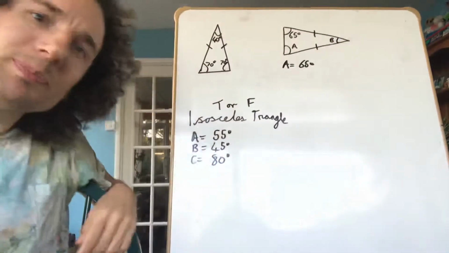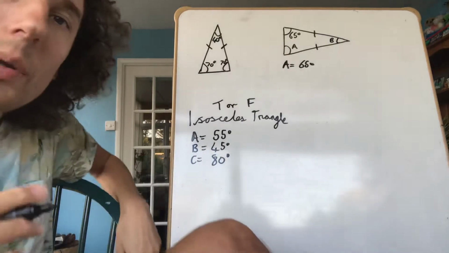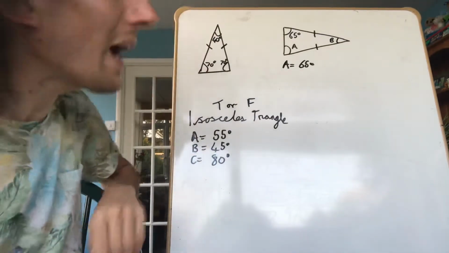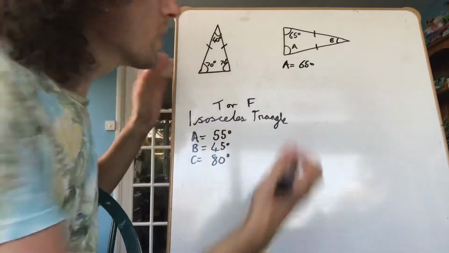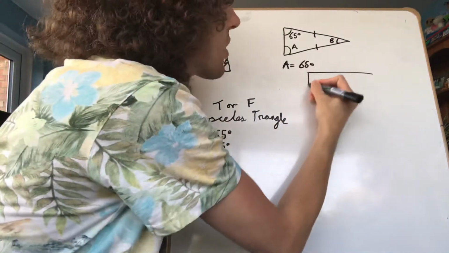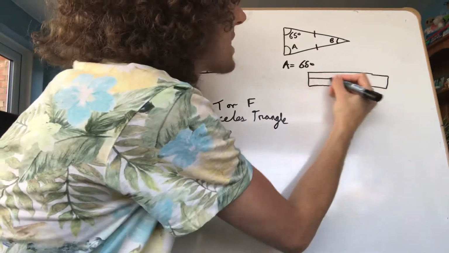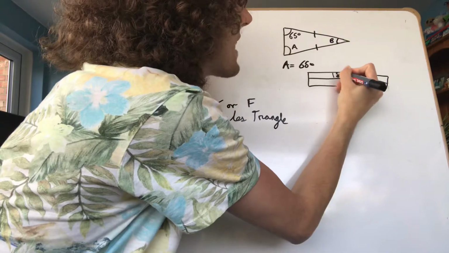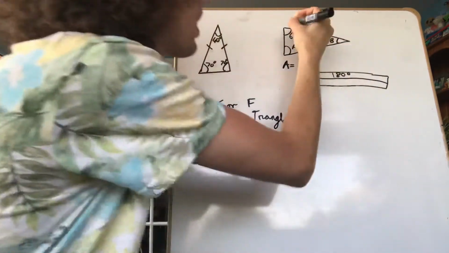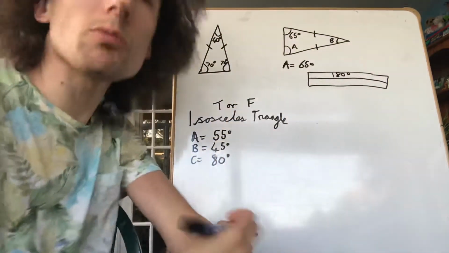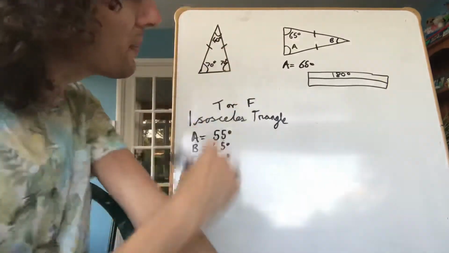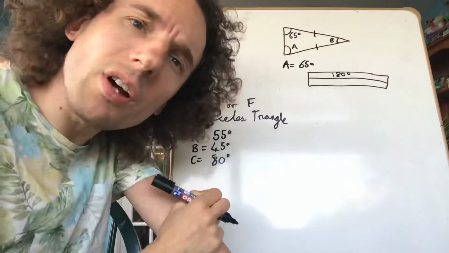Slightly trickier then. What is angle B going to equal? Okay, well let's have a think. We know that in a triangle, angles add up to 180 degrees. We've got two 65 angles, so rather than writing them separately, could we double 65? What's double 65?